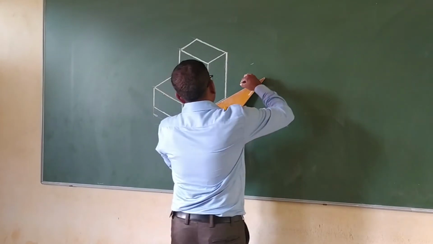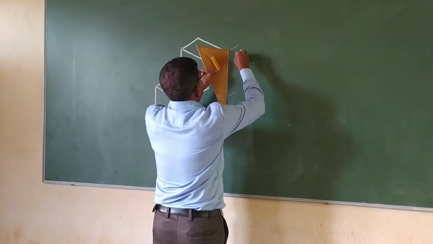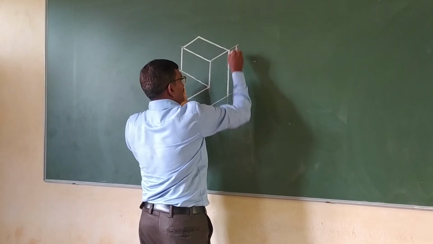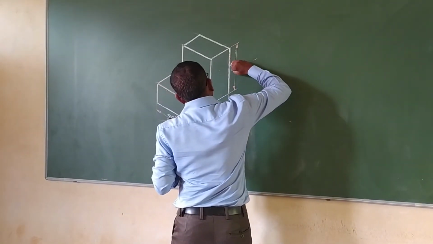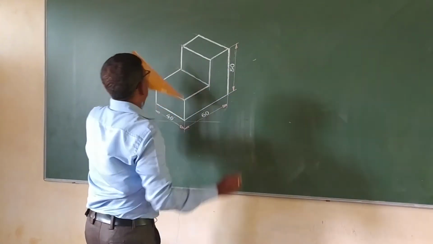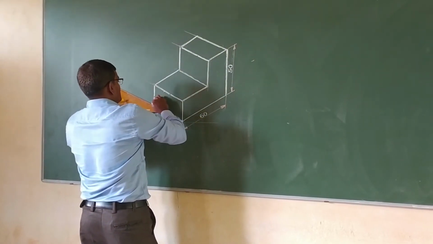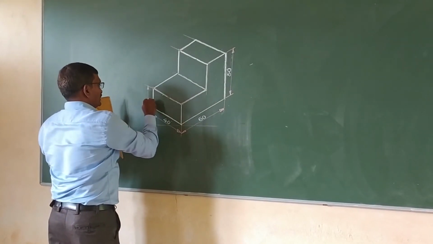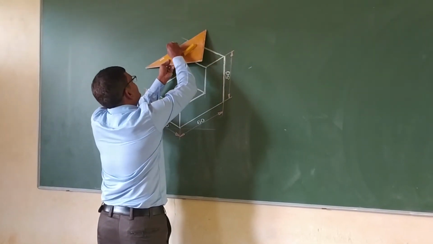And indicate the height. Here, parallel to that vertical line, draw the dimension line and arrowheads. Its height is 50 mm. There are two steps; to indicate that dimension, it is its height. Vertical line, draw arrowhead, dimension line.